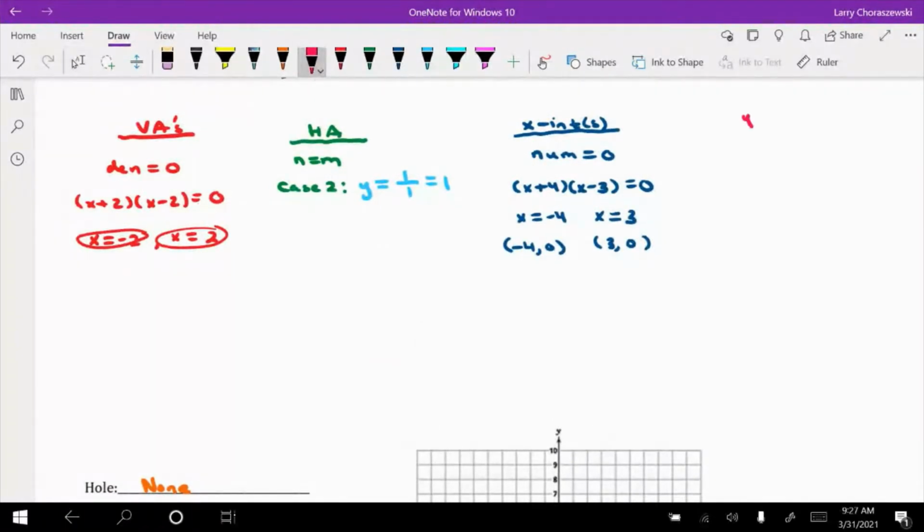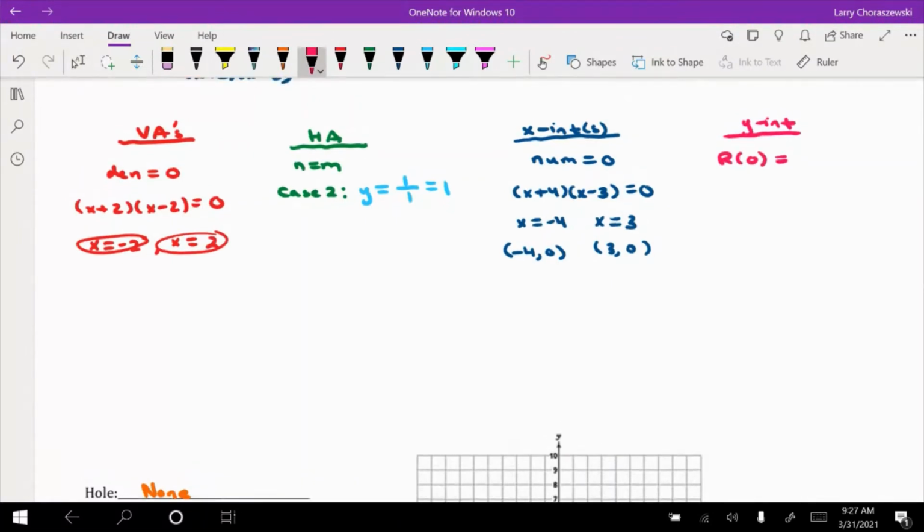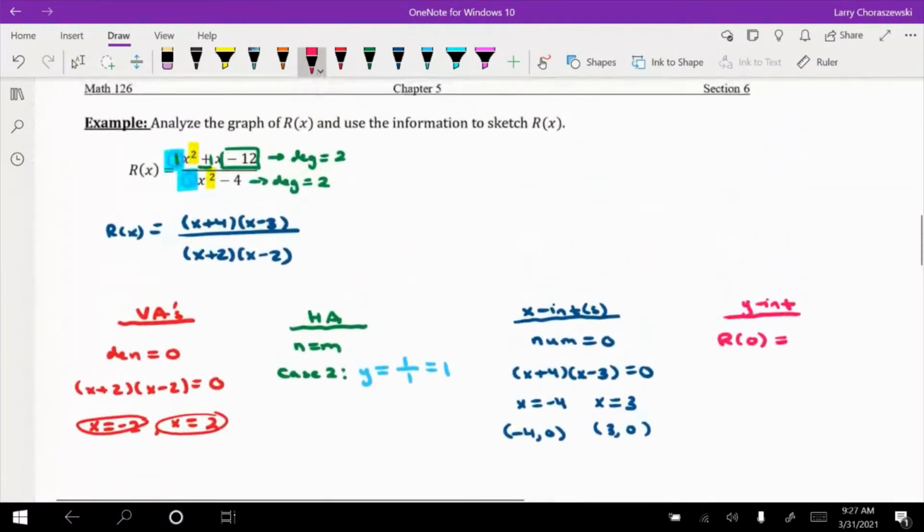And then the y-intercept is found by plugging 0 into the rational function. Now, I've used the factored form version for a couple of these steps because the factored form version is easier to solve for x with. I find that with the y-intercept, the original version, in other words, the standard form version, is a little easier to use. It requires less arithmetic.